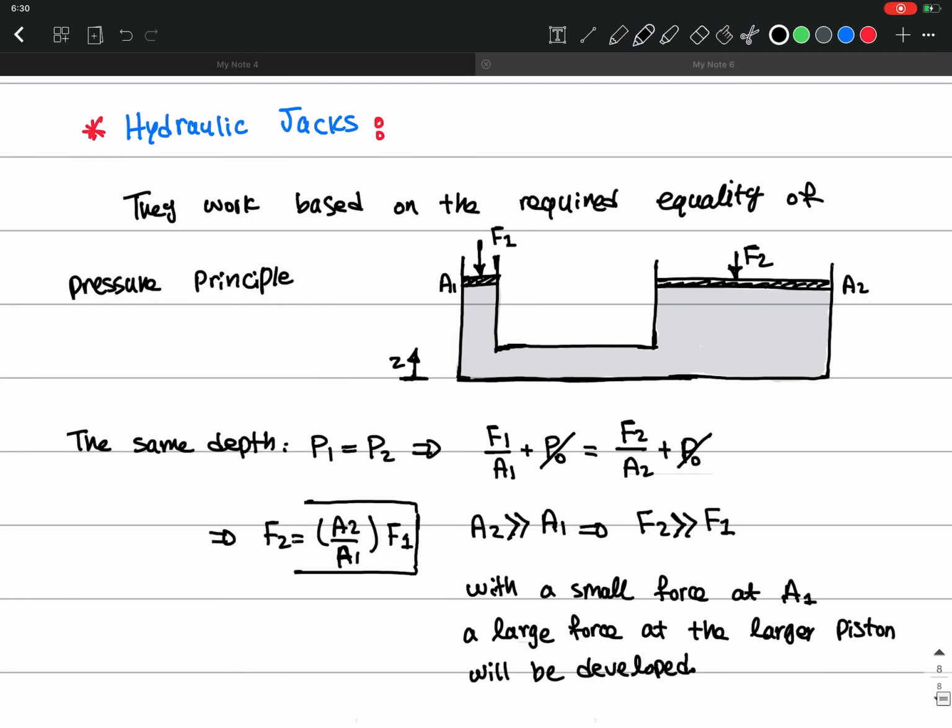So this is the main mechanism of hydraulic jacks, right? They have two different cross sections, and based on the required equality of pressure principle, you can apply a small force at F1, and because of these different cross sections, you get a much larger force at F2, right?